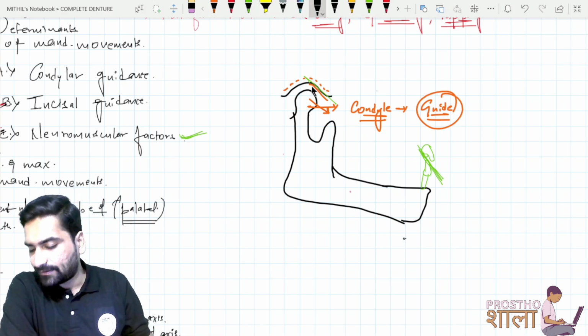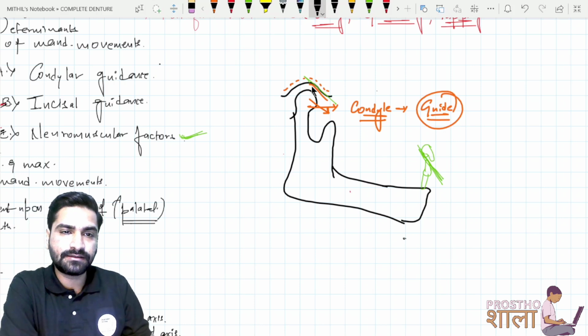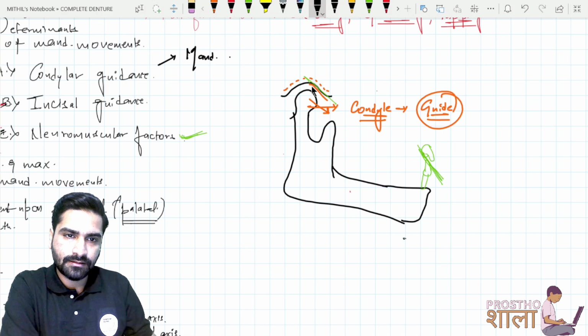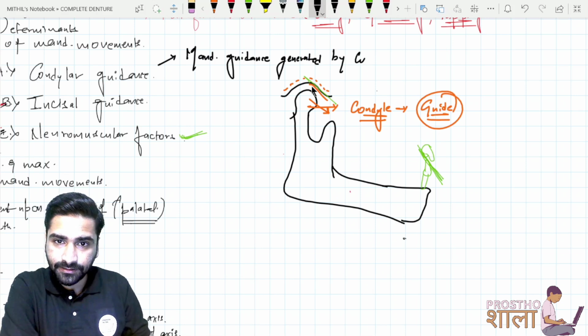So if I want to define the condylar guidance, you can just mention that it is the mandibular guidance which is generated by the condyle and the articular disc.